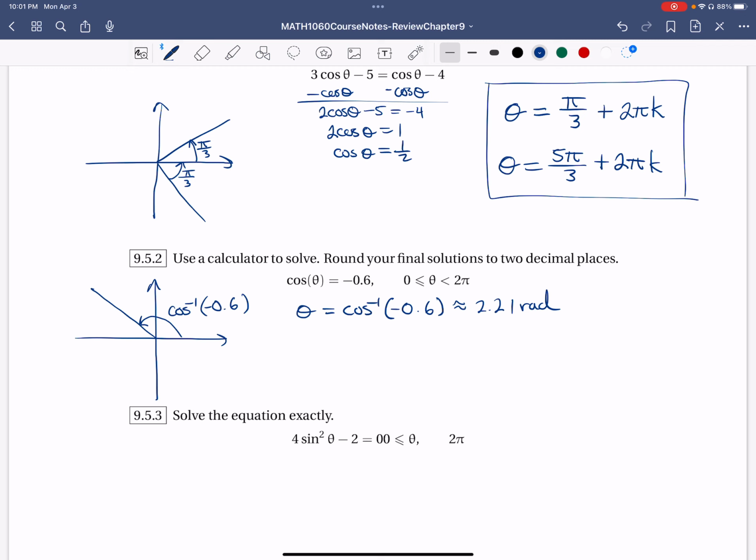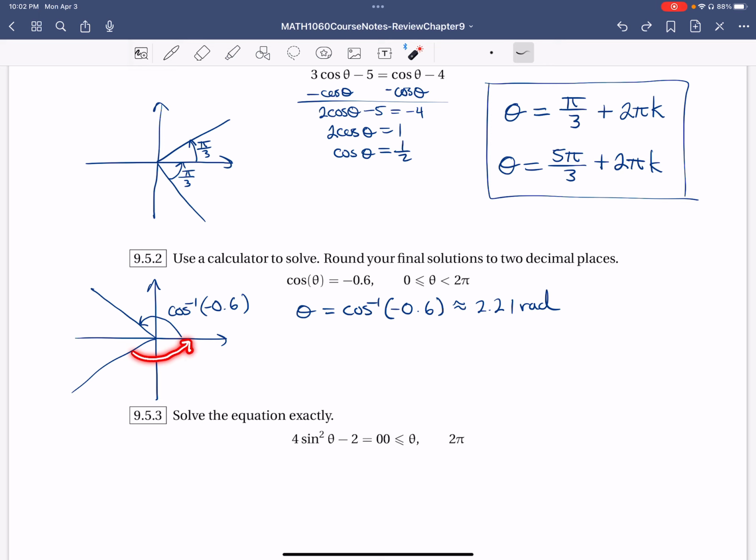But we also have the other angle where the cosine of theta would be negative, so that's going to be in the third quadrant, right? And it would have this same reference angle. And so we can actually find this angle because we know that this angle is the arc cosine of negative 0.6, then we know that this angle is as well.